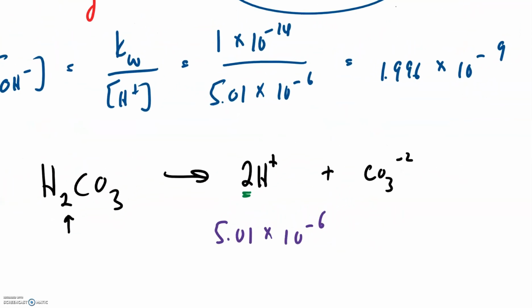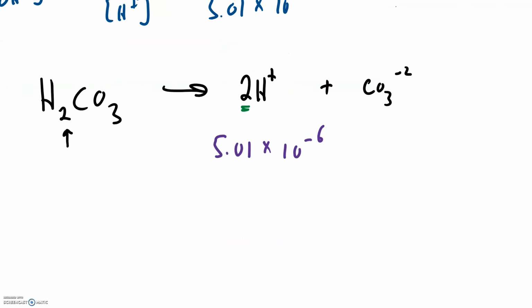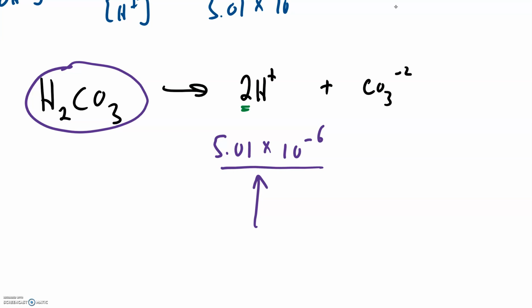The question is, if we already know this, what did this have to be to produce this? Which means that we're not multiplying by this coefficient. We're going this way. We're trying to find this, which means we're not going to multiply by a coefficient. We're going to divide.